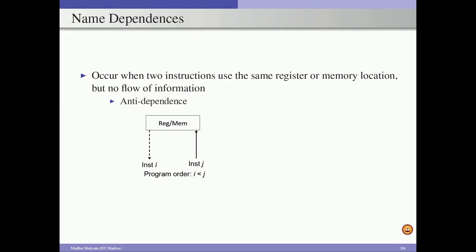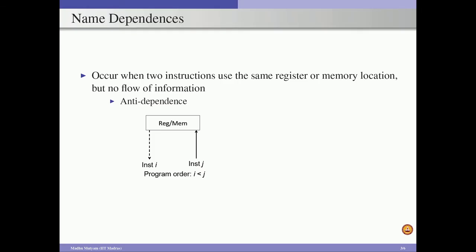Here we assume that instruction I is preceding instruction J, so in the program order, instruction I comes first, followed by instruction J. Because instruction I comes first, when it reads data from a register or memory, it is not going to create any problem with respect to the following instruction J writing to the same memory location or register. This is called anti-dependence.